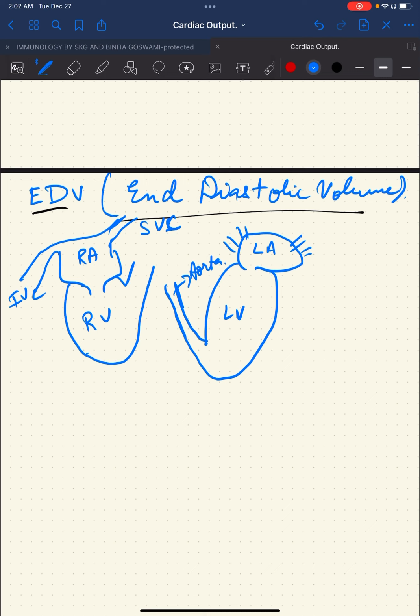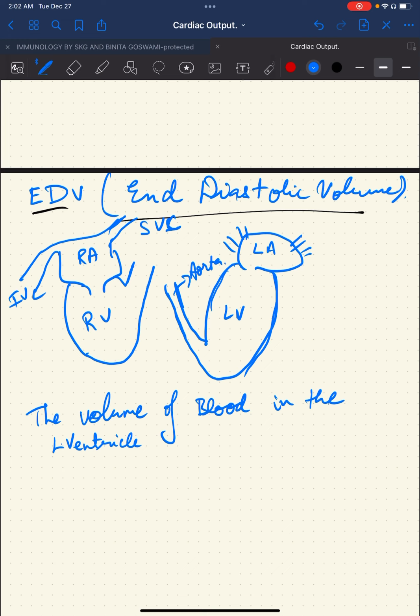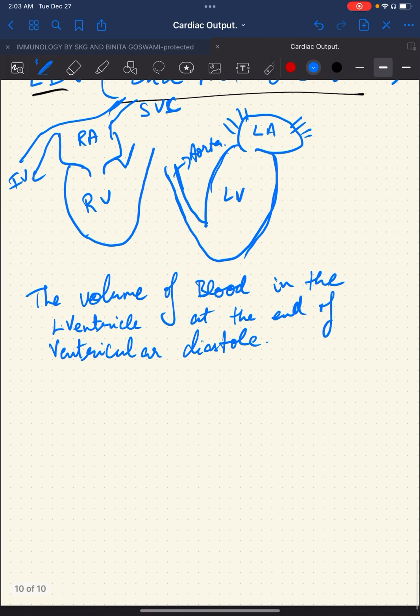Alright, so when the heart is completely contracted and after it relaxes, the volume of blood in the left ventricle at the end of ventricular diastole is the end diastolic volume.